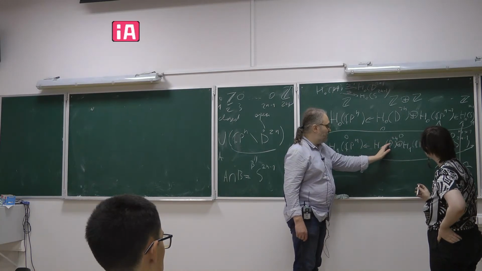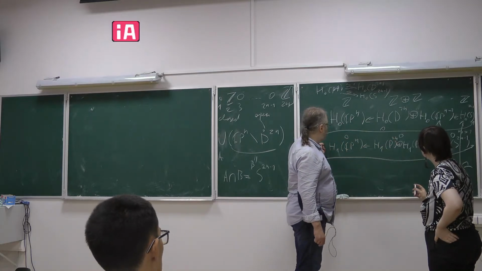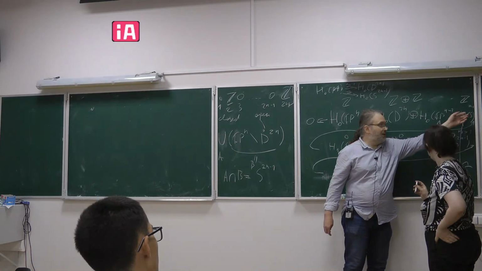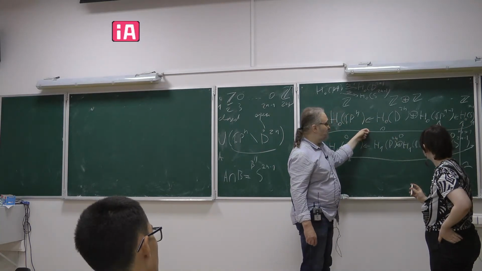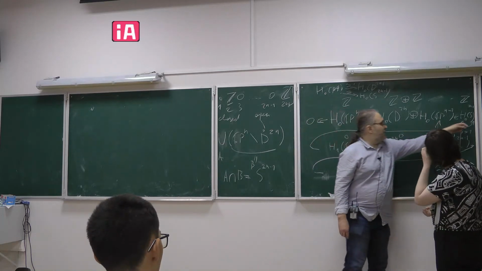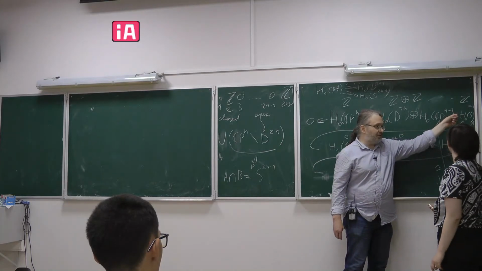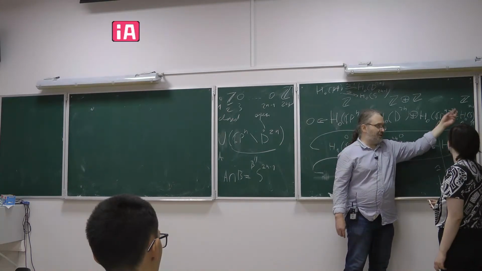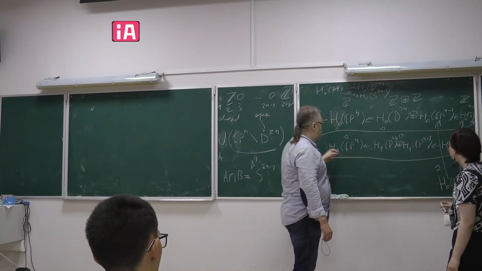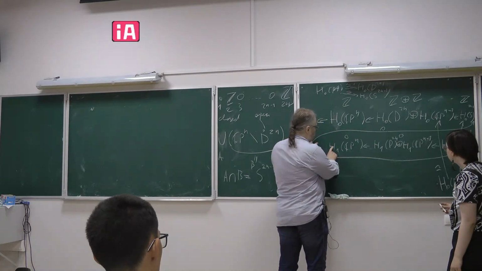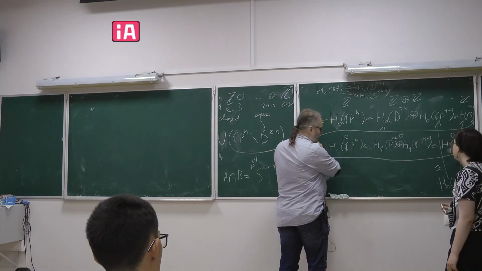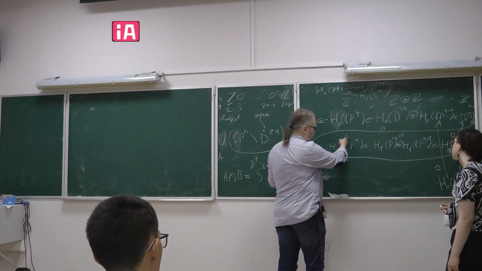On the right we have 0, and on the left we have something. It's not 0, but the map here is 0. Why is it 0? Because the one that comes after it is injective. The kernel is 0, so the image is 0, so the map is 0. So we have this unknown group, and on the right and on the left we have 0. So this group is in fact 0.